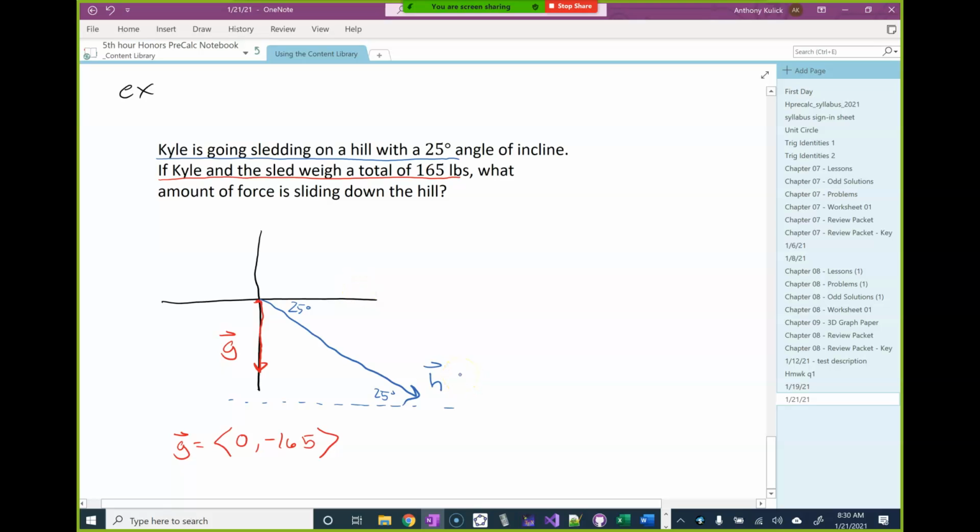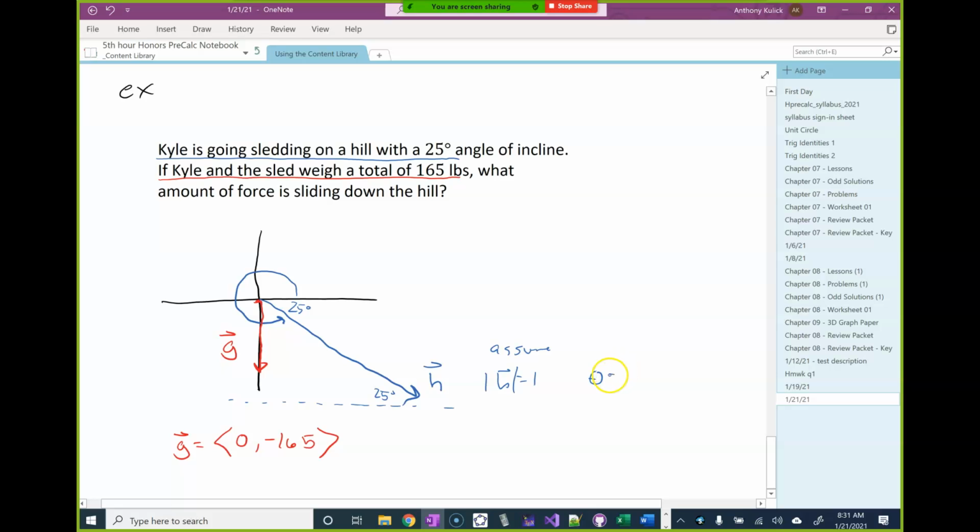So what can we say about this vector? Well, do we know anything about the length of the hill? Does it matter? Not really. We can assume it to be 1. What's the direction? It would be that, right?